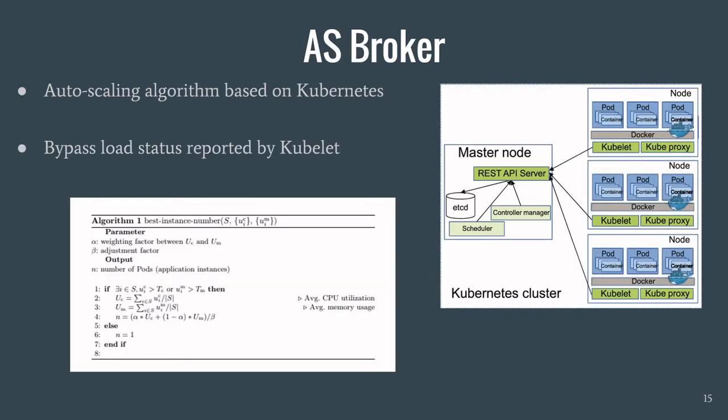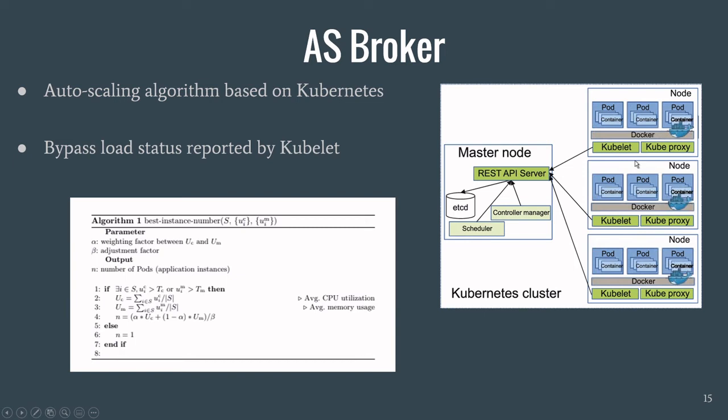Kubernetes, like I already mentioned, they tried to do a better version of Kubernetes for fog computing because they thought the Kubernetes version wasn't good enough for fog computing. And with that said, they tried to use the REST API server on a master node, as you can see here. Pretty much it's a Kubernetes cluster for the ones that don't remember. They have the REST API server on the master node, and they have the kubelet.